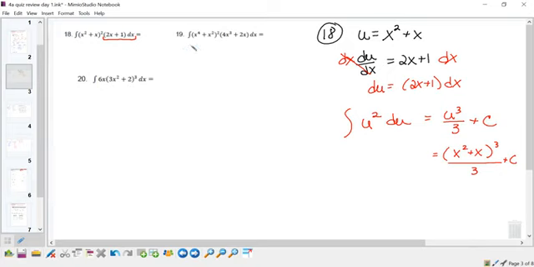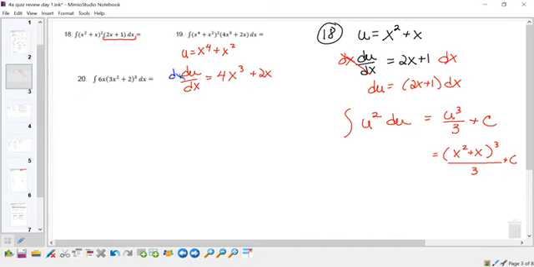All right, for 19, again, if I take the derivative of this inside piece, it matches this part. So that tells me my u term is x to the fourth plus x squared. So then du dx is 4x cubed plus 2x.